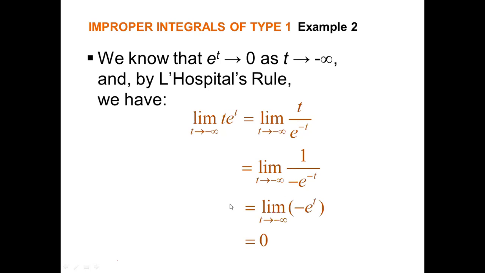Okay, now I understand. Why do you think this one is the answer already? From the limit of t e raised to negative t, you have now a 1 over negative e raised to negative t. Why do you think we have this?